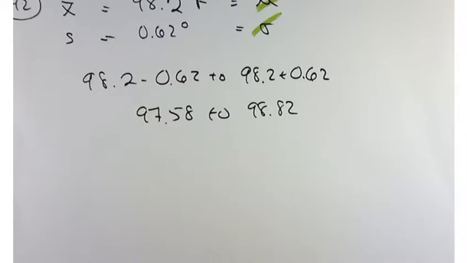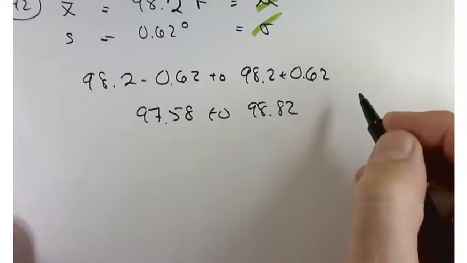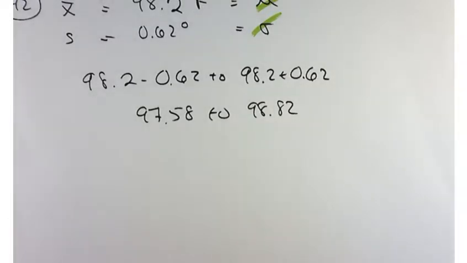Julian, what percentage of data should lie within one standard deviation of the mean, according to the empirical rule? You can look at your handout. No, not 100%.